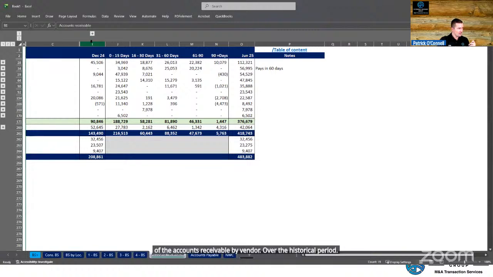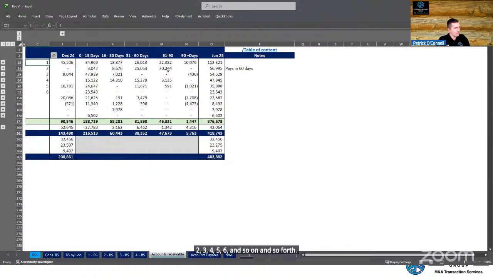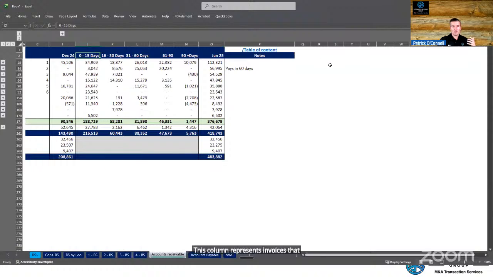So in this instance, you'll see that these represent customer one, two, three, four, five, six, and so on and so forth. What you're looking at here is the days outstanding. If you send an invoice out, this column represents invoices that are 0 to 15 days outstanding. Typically, companies will collect on a 30 or 60-day basis.